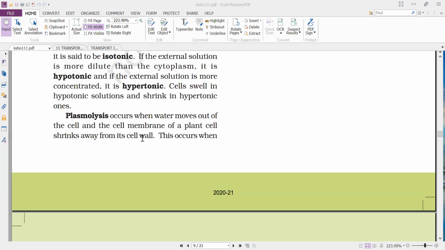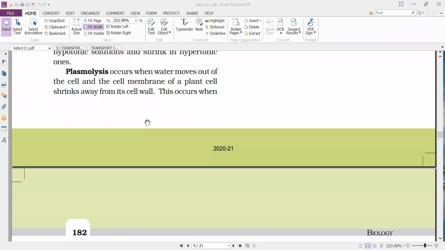As a result, the plasma membrane gets separated from the cell wall, and next develops wrinkles or it shrinks. That is what we see here.